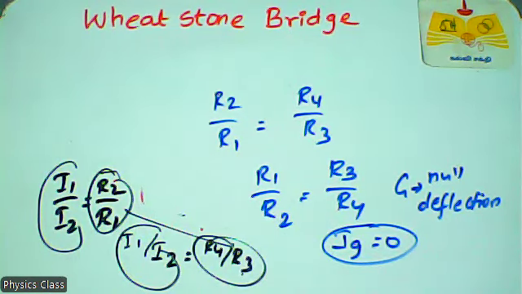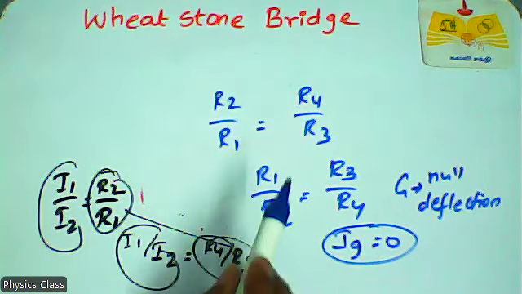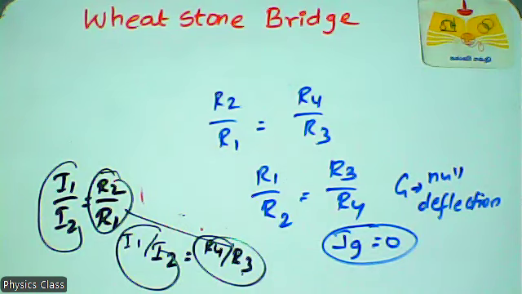If three resistances are known, the value of the unknown fourth resistance can also be determined by this Wheatstone bridge. The Wheatstone bridge is an important application of Kirchhoff's rules. It is used to compare resistances and determine an unknown resistance in an electrical network.